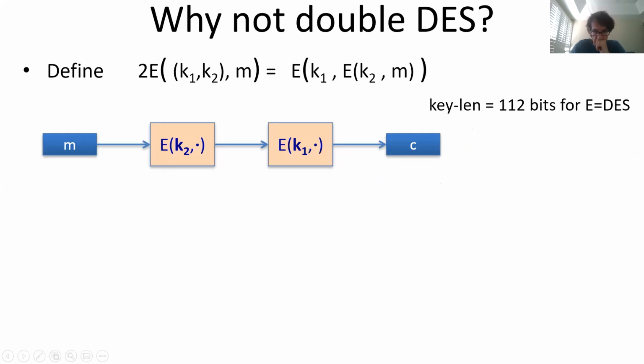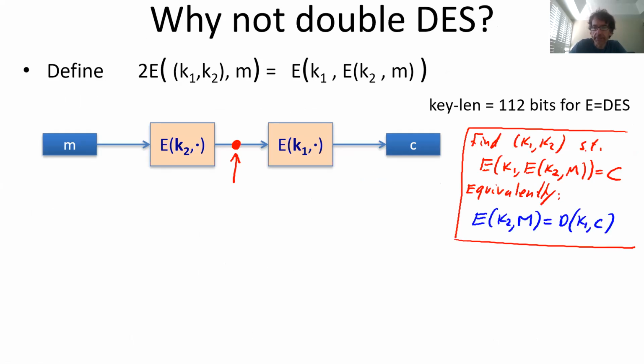However, there is a better way to attack, and it's using this middle point of the circuitry. So the search problem given M and C is to find K1 and K2 which satisfy this. But how about change this circuitry like this?